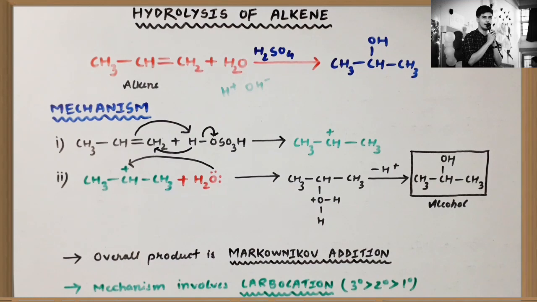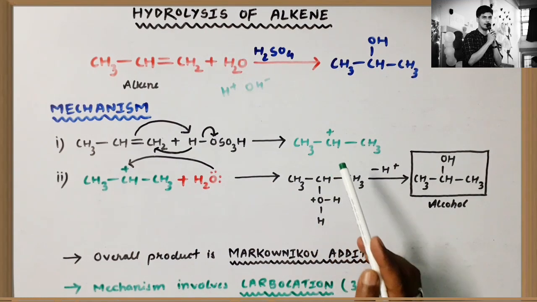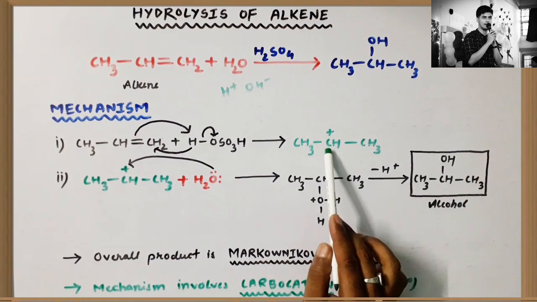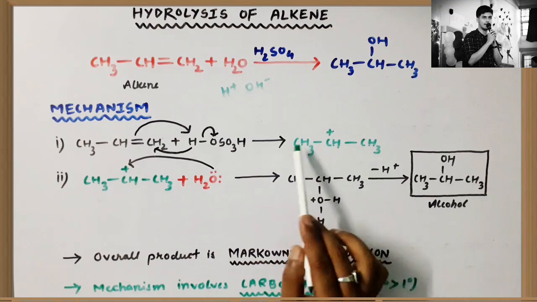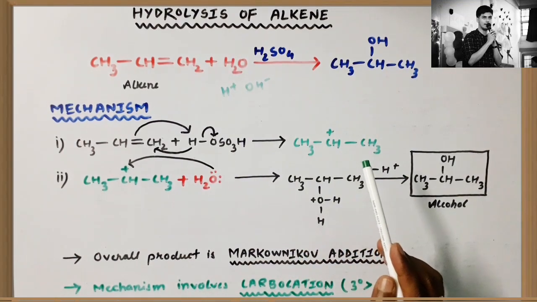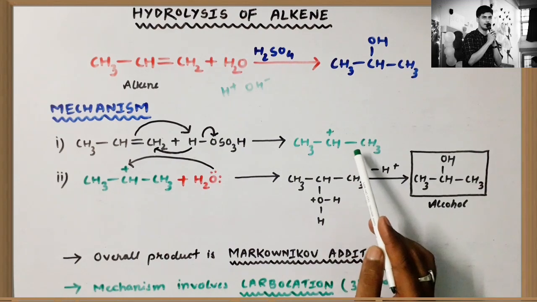Here this is a 2-degree carbocation. A 2-degree carbocation is much more stable than a 1-degree carbocation. Why? Because here you can see this carbon center is attached to two nearby methyl groups, and we know that methyl or alkyl groups show plus I effect. That means they have the tendency to donate electrons.